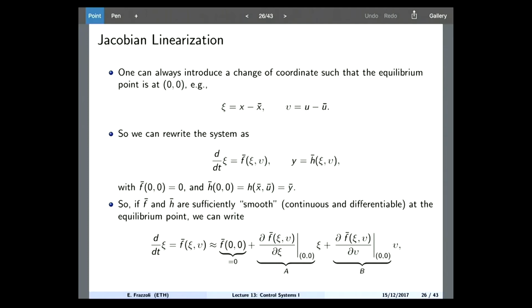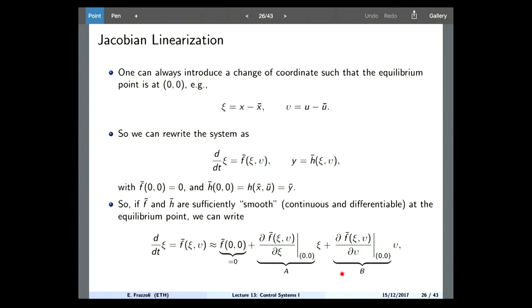So essentially what you write is that, let's say psi is the deviation from the equilibrium, and upsilon is the deviation from the equilibrium control, okay? So now you can write the time derivative of this new state variable as something that is equal to 0 plus some matrix, which is the matrix of partial derivatives of f with respect to your state variable, that multiplies your state increment.